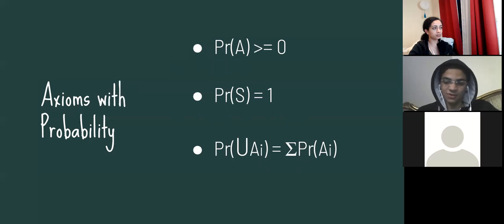And this only happens when x is equal to 0, right? So I'm adding the probability of phi any number of times, n is just any number, and all of that equals the probability of phi also. And this only happens when the probability of phi equals 0.